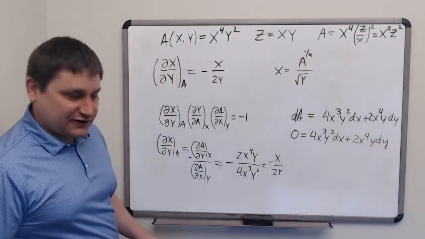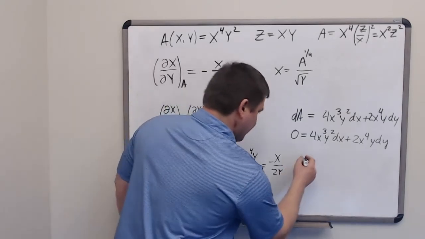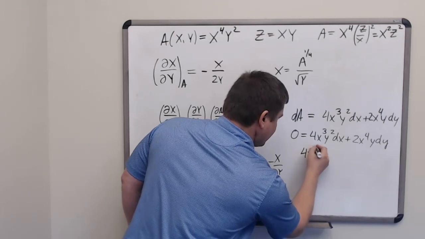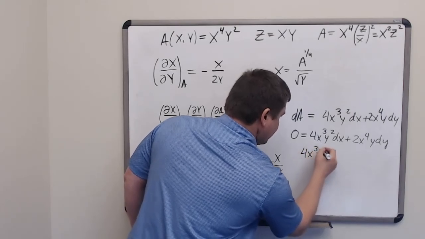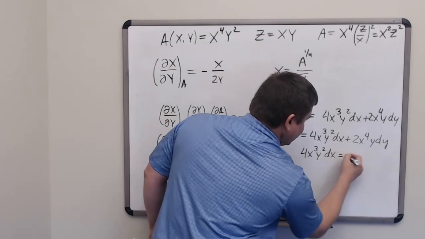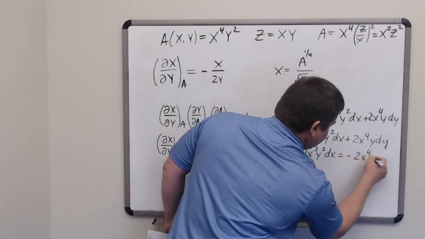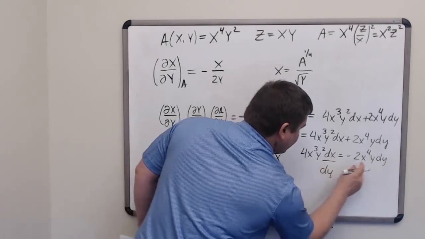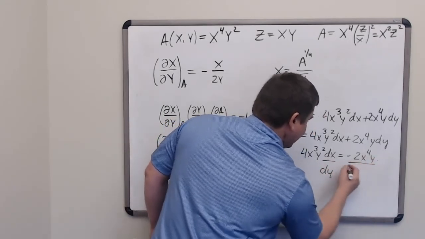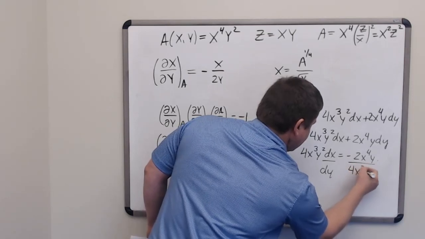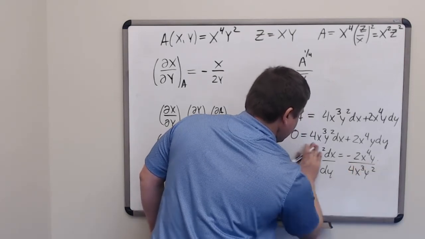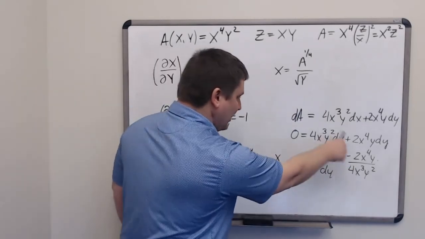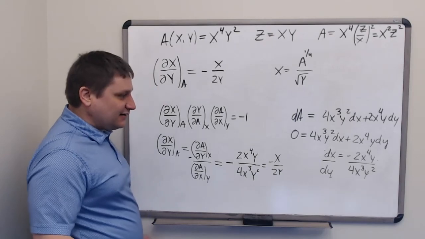And we get this equation, which we can now move the two terms to opposite sides of the equation, giving us a minus sign on one of them, and then divide both sides by dy, and divide both sides by 4x cubed y squared. All right, so we get that, and this is only valid under the situation where a is constant.